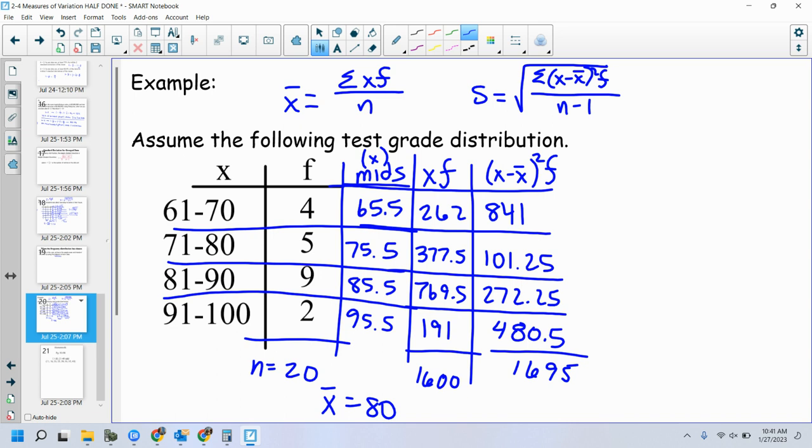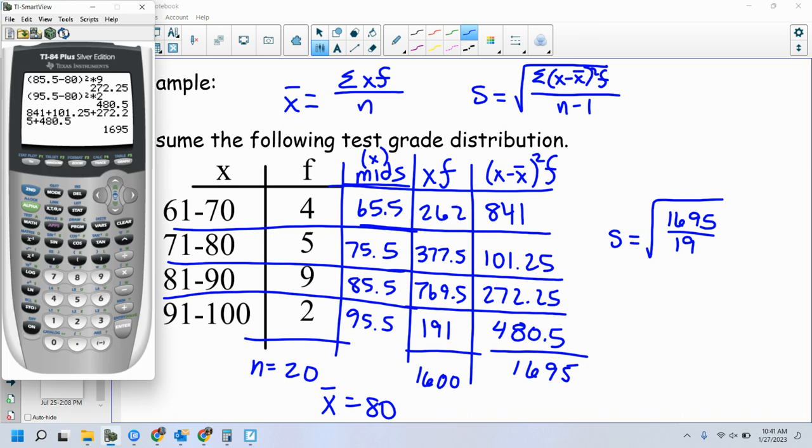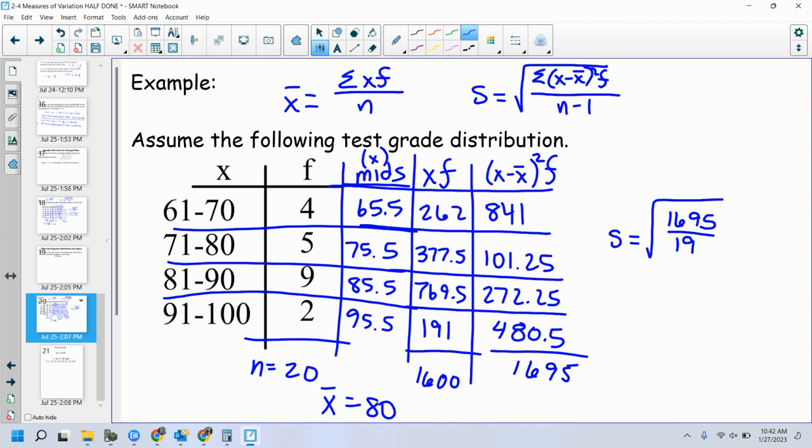Okay, so for my standard deviation, 1695 is divided by what? 19. Yeah, N minus 1. Then I take this, divide by 19, and square root that number. 9.4. S is 9.4.